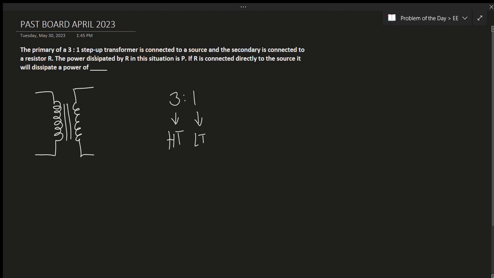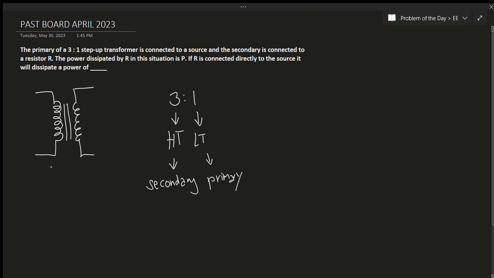Since it was stated here that it is used for a step up, this high tension will simply become our secondary side or the load side, and this low tension will become our primary side or the source feed side.